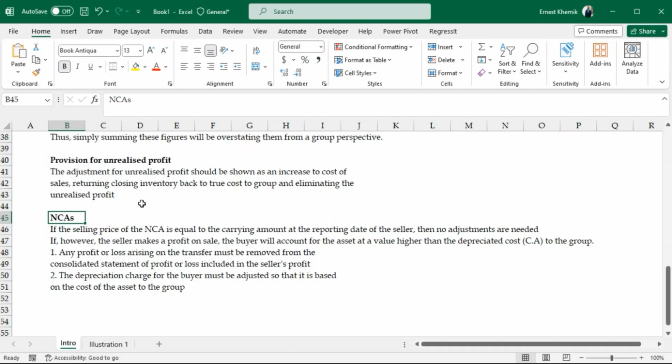And then lastly, or most importantly, we have the non-current assets. Now, whenever the selling price of the non-current assets is equal to the carrying amount at the reporting date of the seller, then no adjustments are made. But where there is a difference, that means that the seller has transferred the NCA to the purchaser at a profit.